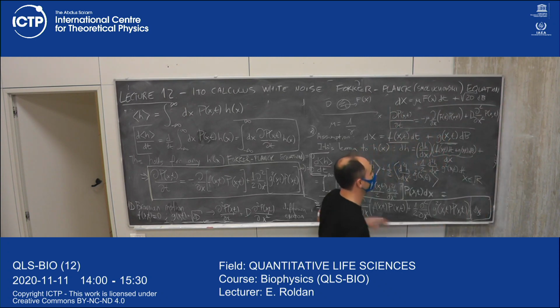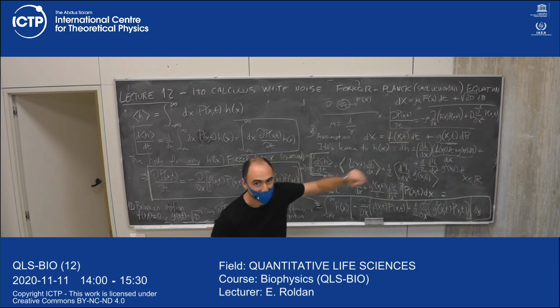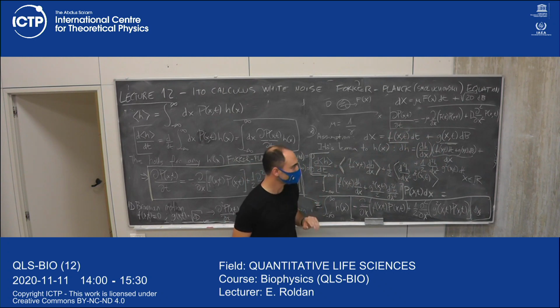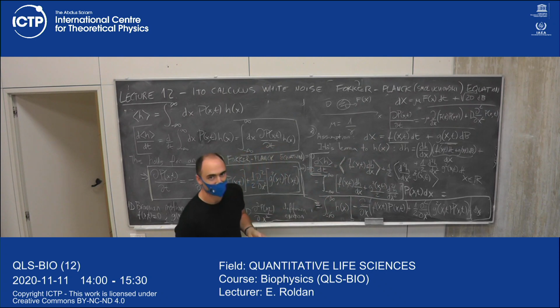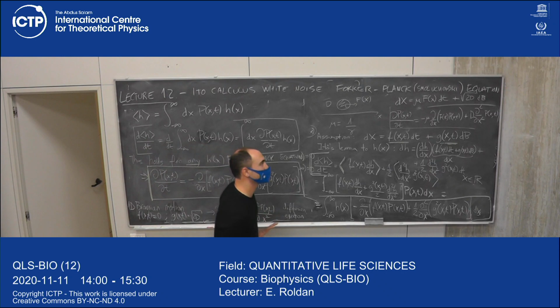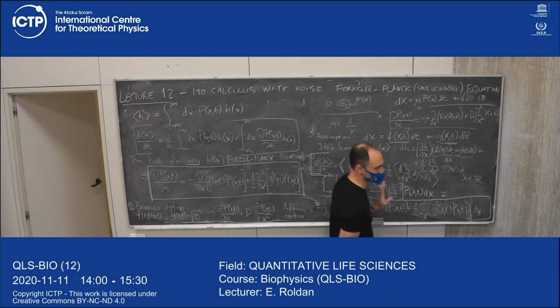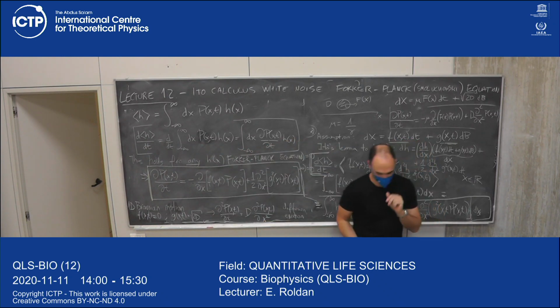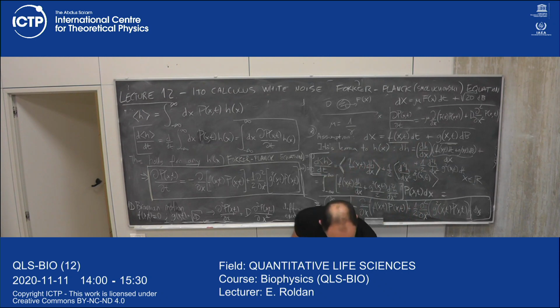If you go to Wikipedia, you will find this one. But this doesn't mean it's the most general. One can do this in 3D and so on, so instead of derivatives, one will get gradients and so on. But I think for you, learning this is already very good. So this is kind of the master equation for continuous processes.